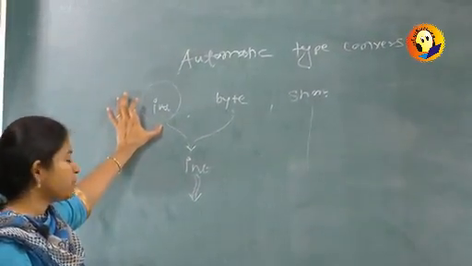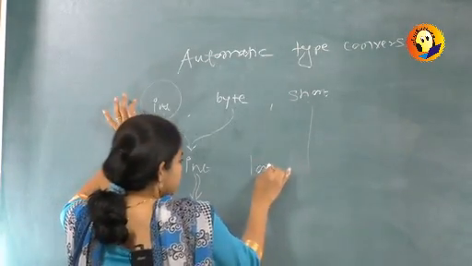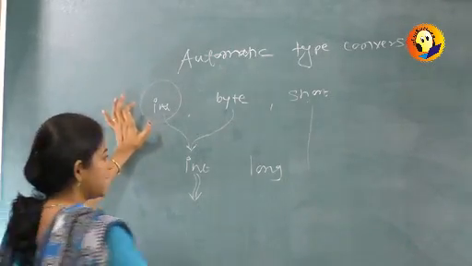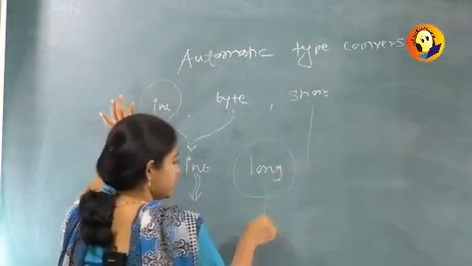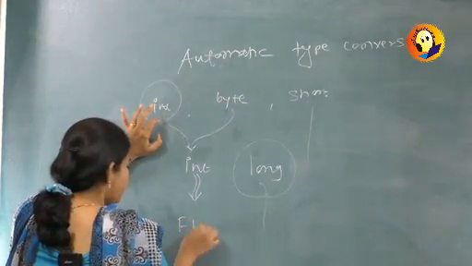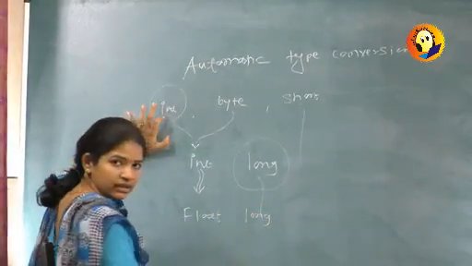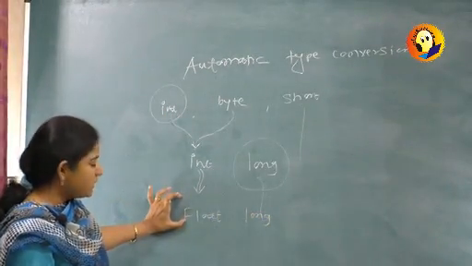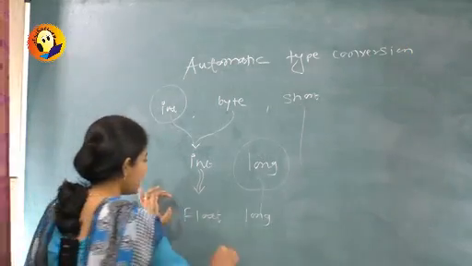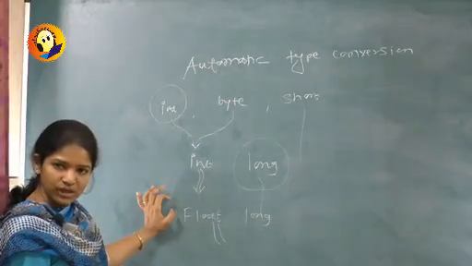If one of the variables is of integer type and another is of long type, then we need to consider both as long type and compute the result accordingly. Okay, if one of the variables is of float type and another is of long type, then we need to consider both variables as float type, and accordingly compute the result.